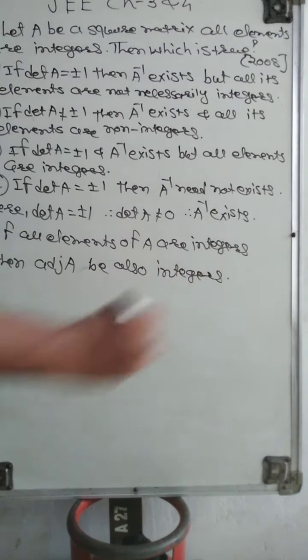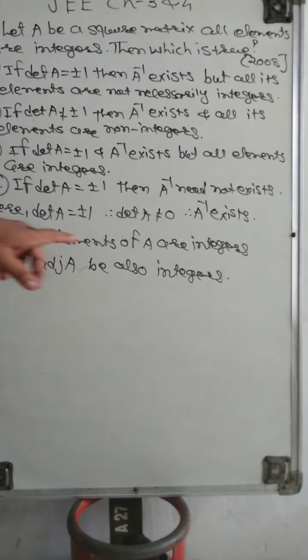Means what? If A has all elements integers, then its adjoint is also formed with elements that are integers, right? So all the elements of adjoint A are also integers, and therefore the third one is C.